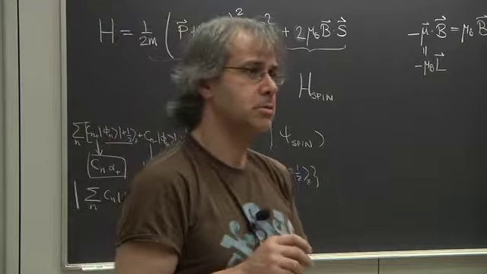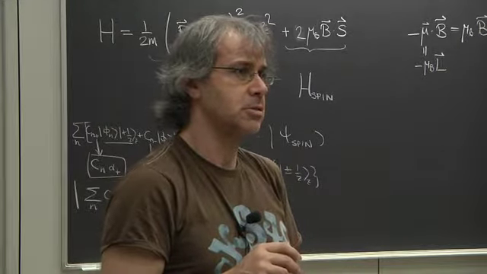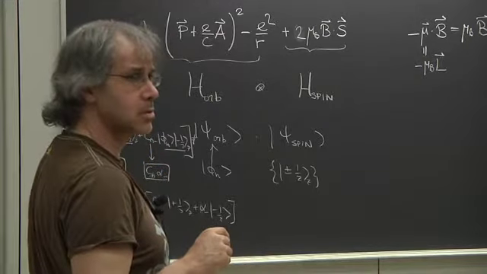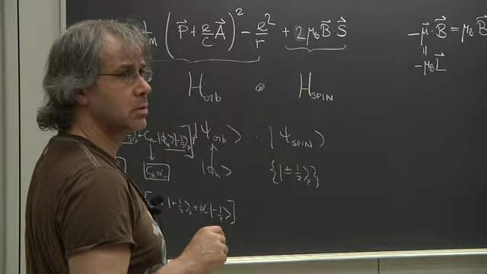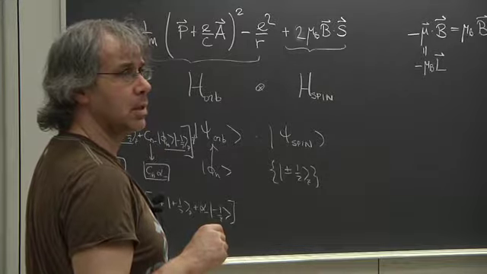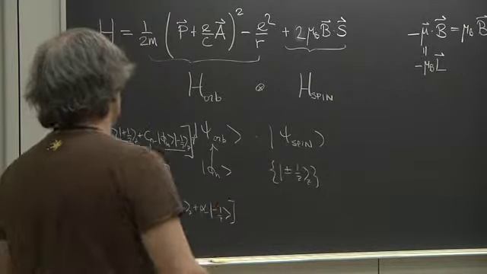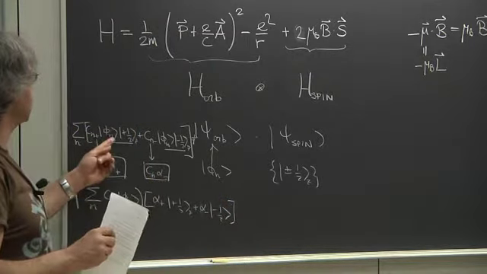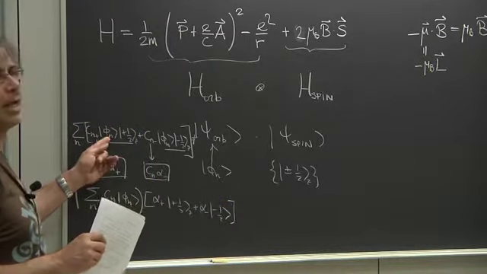Phi n is kept for the orbital space. Why we don't have L in this? He's asking why, if I have here states in the orbital Hilbert space, I just indicate this with n.